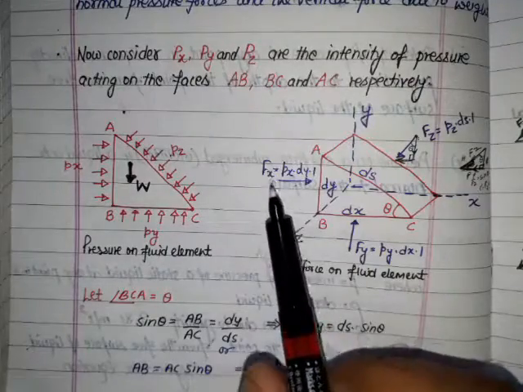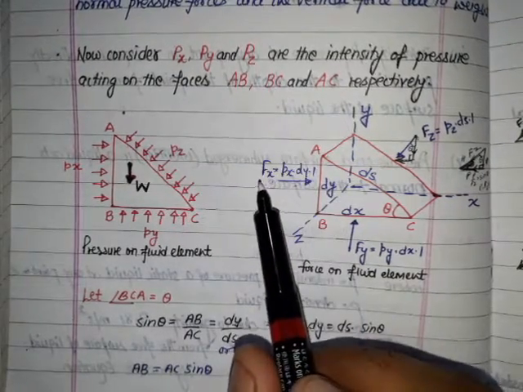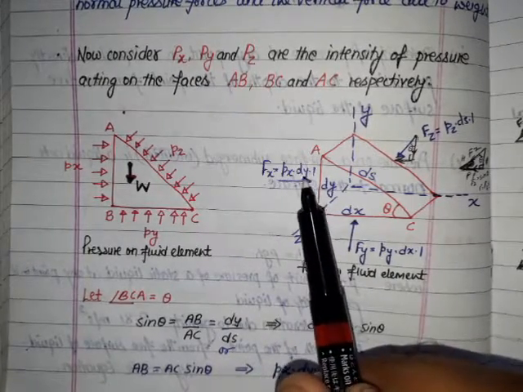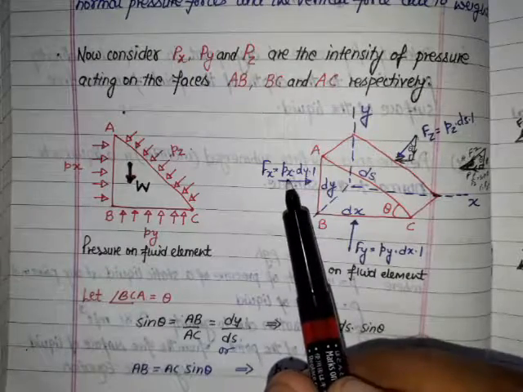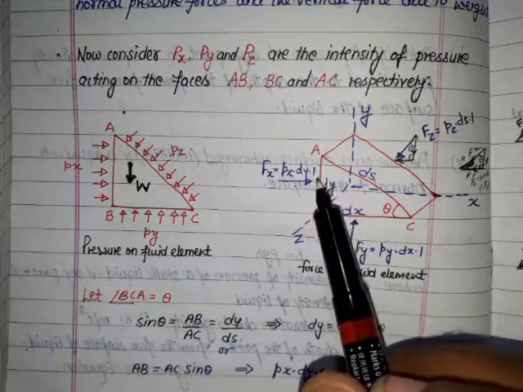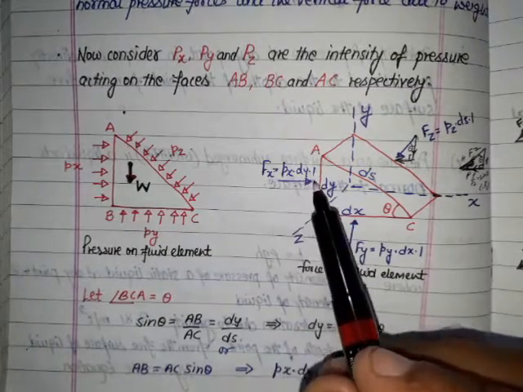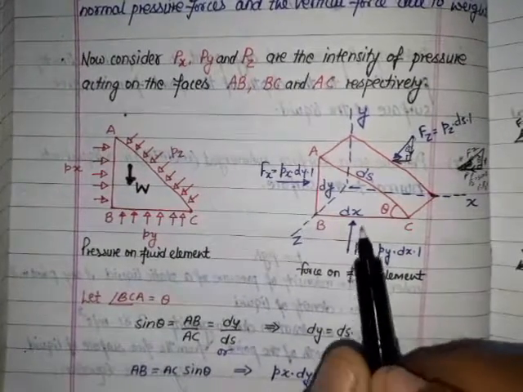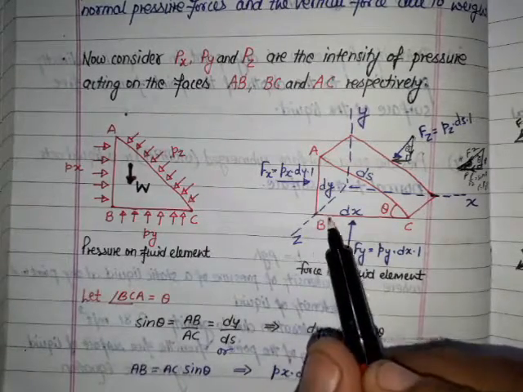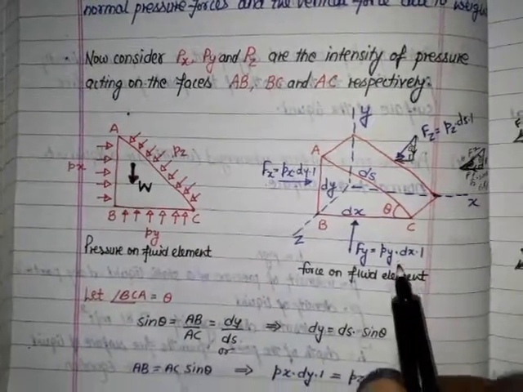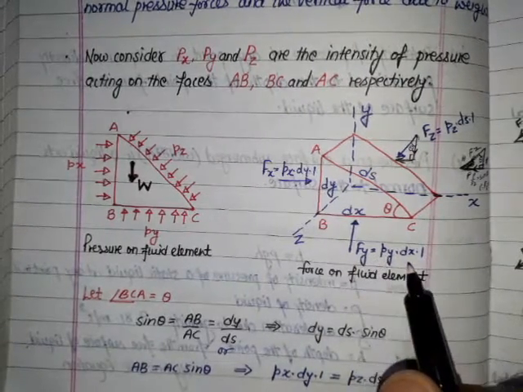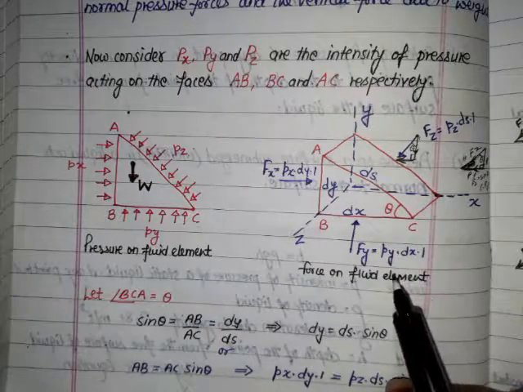Now the force on the face AB, that is Fx, is equal to the product of pressure into area. Pressure on the face AB is Px, dy is its dimension, and 1 is the unity width, so Fx equals Px dy 1. And on the face BC, Fy equals pressure into area, so the pressure acting on the face is Py into dx into width 1, so Fy equals Py dx 1.